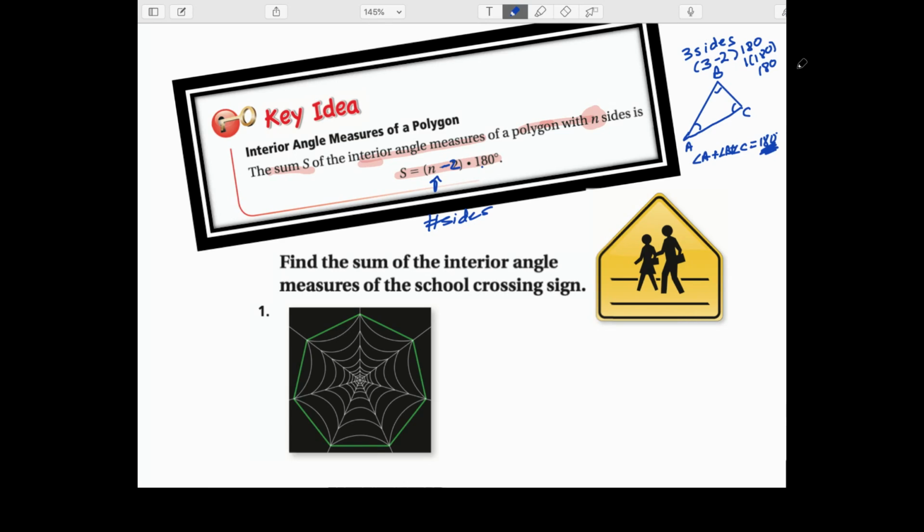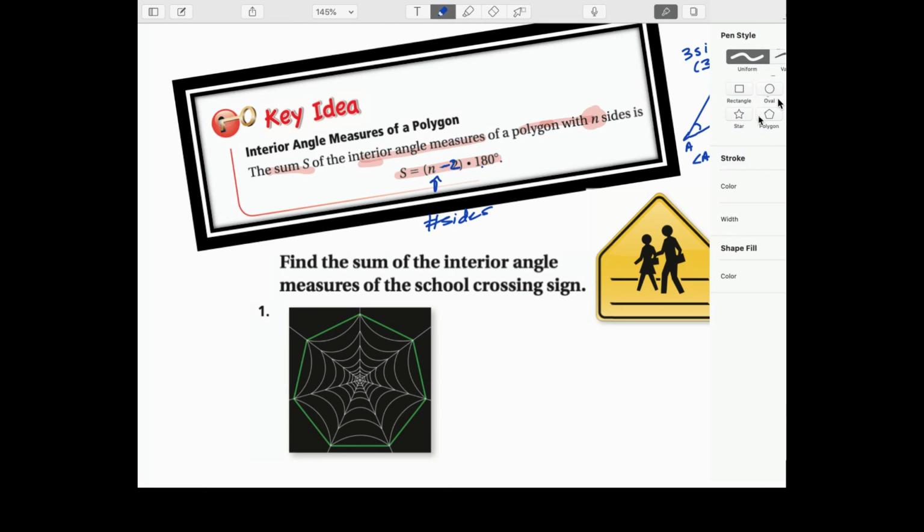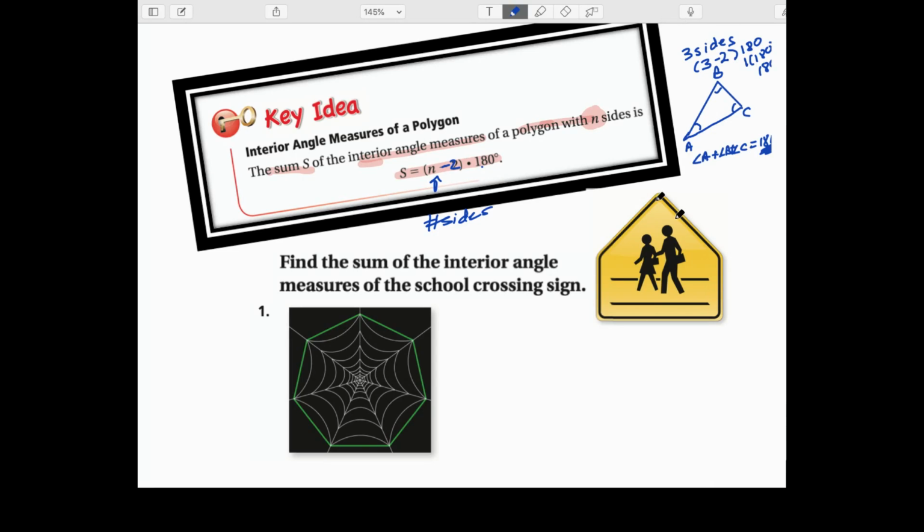For example, I have this example down here, and it is a school crossing sign. In that school crossing sign, we see that there are 1, 2, 3, 4, 5 angles, 5 sides. It's a pentagon.